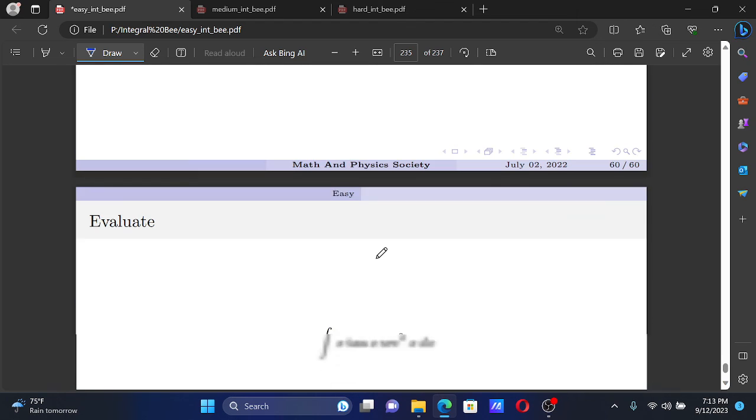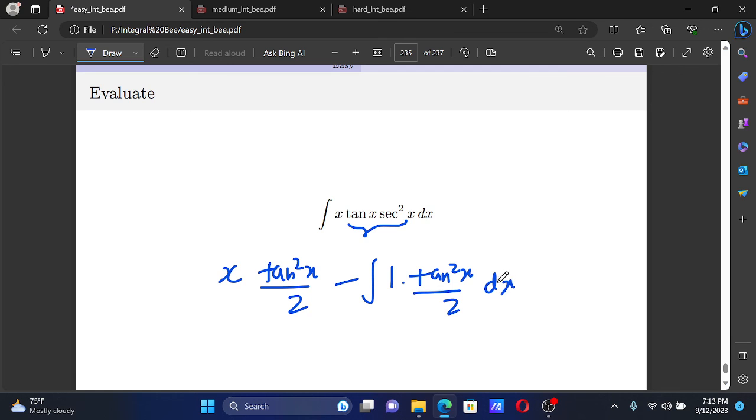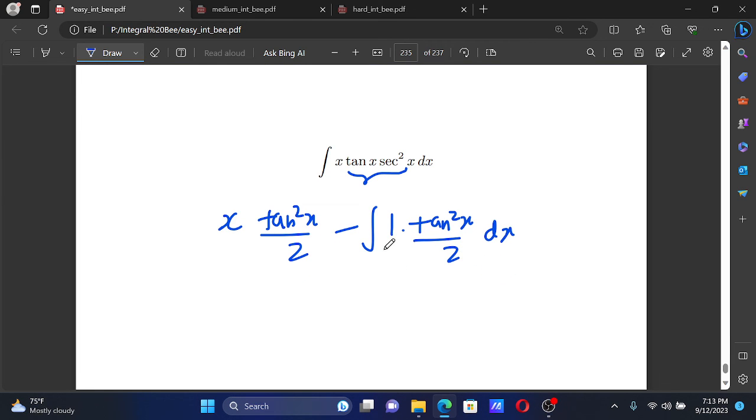And for this next one, I guess we need to use integration by parts so that we can get its integral. So it's x, and the integral of this thing is tan square x by 2, minus integral of 1 times tan square x by 2 dx. Now we can again change tan square x into sec square.